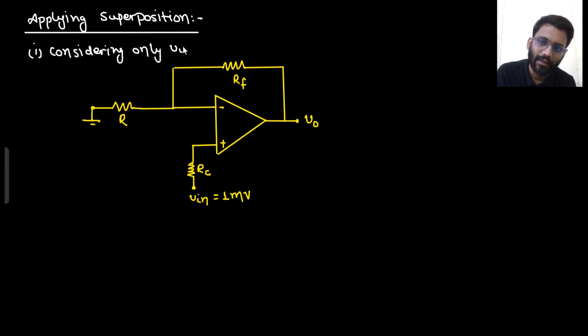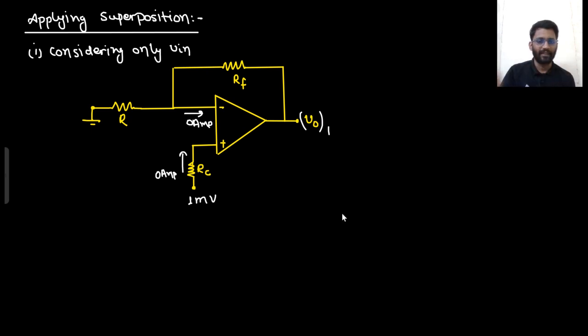Considering only V in, that means I am going to consider only 1 millivolt, and my output I am calling VO1. Here I am going to consider 0 ampere current. This is also 0 ampere current. There is no offset voltage as well. No offset voltage, no offset current, no bias current, nothing. Simple case.